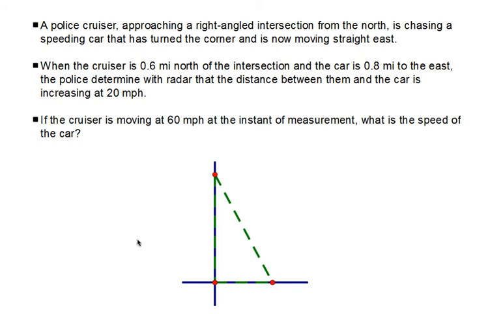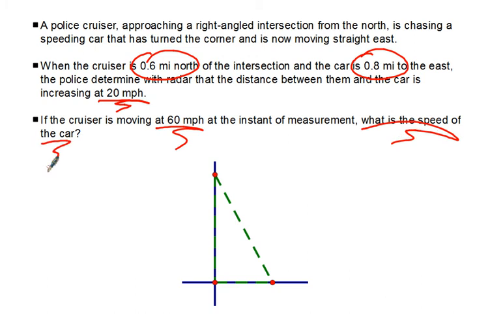Let's see what information is available to us. When the cruiser is a certain distance north and the speeding car is a certain distance east, we have some information about that. Knowing how fast the police car is moving, we want the speed of the other car.